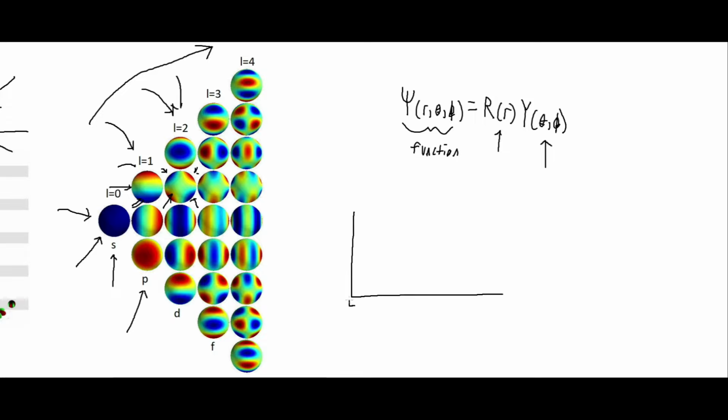So if 0 here at the origin is our nucleus, and this is R, which is the same R as this right here, then this part of the equation tells us what's going on as we go away from the nucleus.